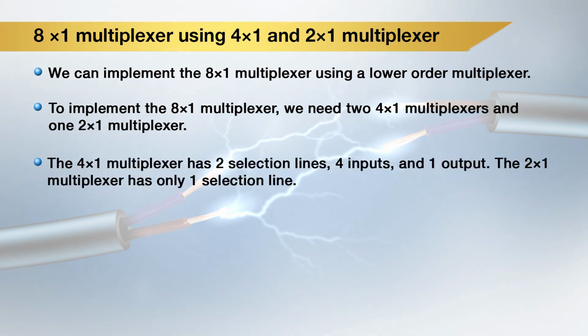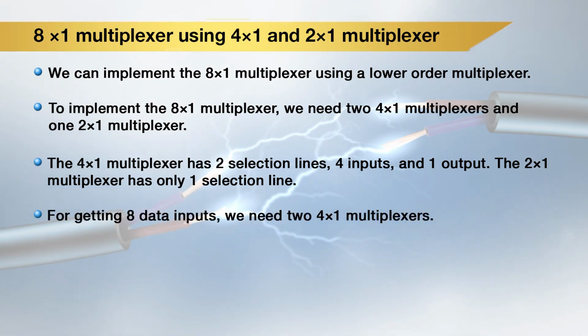A 4x1 multiplexer has two selection lines and 4 input lines along with one output line. The 2x1 multiplexer will only have one selection line, 2 input lines and one output line.